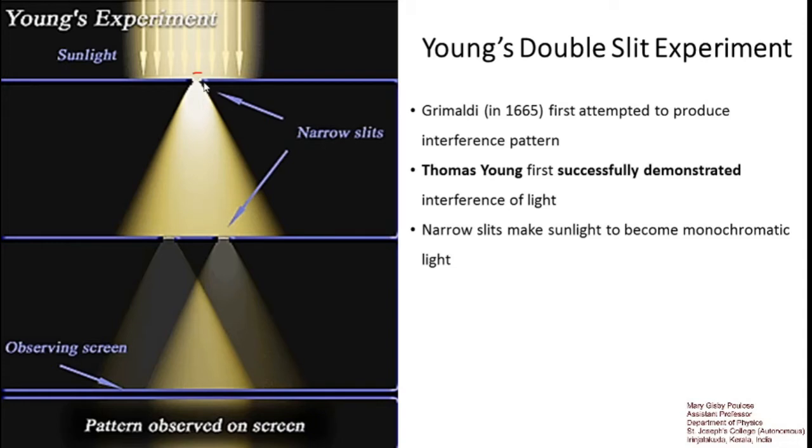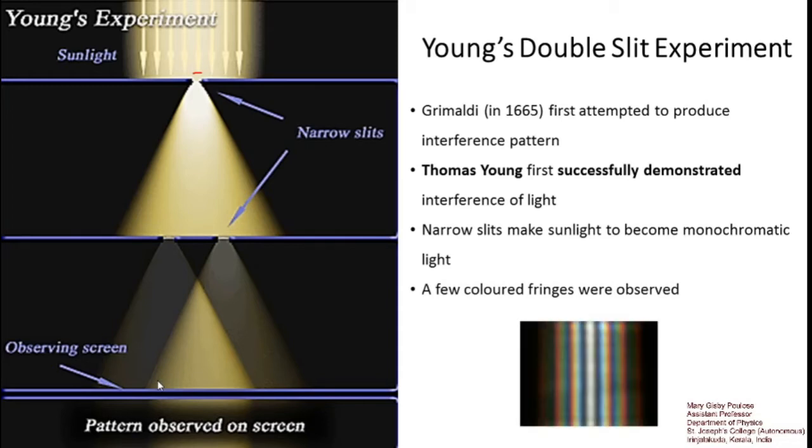Now this becomes your source of light, and this light is again passed through two slits, producing two different beams of light, and when they were made to interfere, you can observe a pattern on the screen. And the few colored fringes were observed in this experiment. It was as seen in this picture. The central bright white region surrounded by colored rings on both sides.